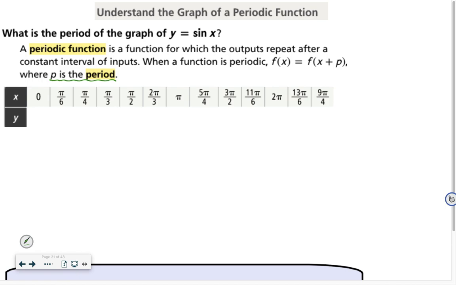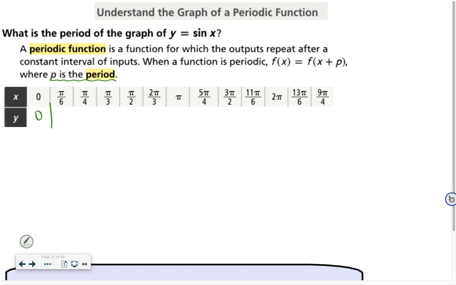So let me try to graph the sine function. Before graphing this, we have the input x values, and we are going to find the y values. To find those values, my recommendation is to please use your calculator. If you substitute 0 into the sine function, you will get 0 as well.